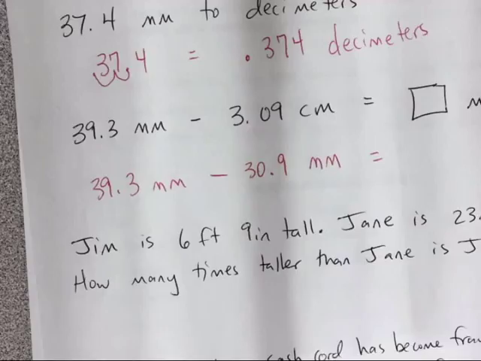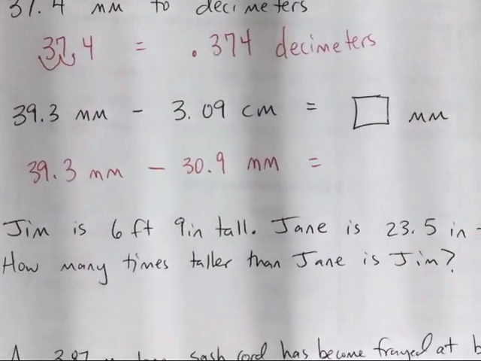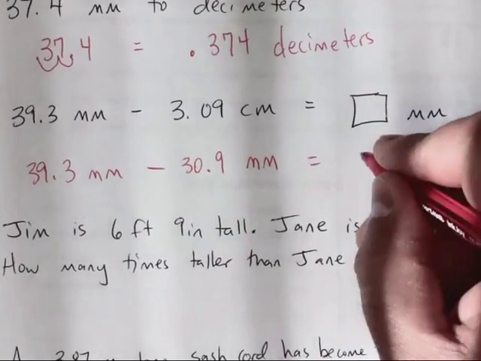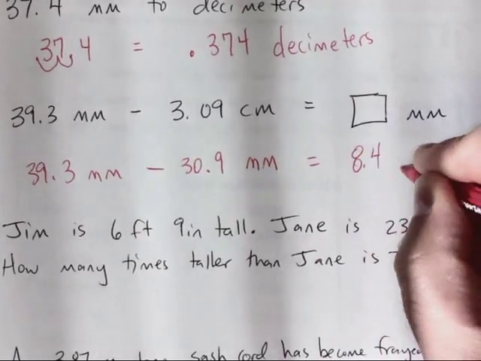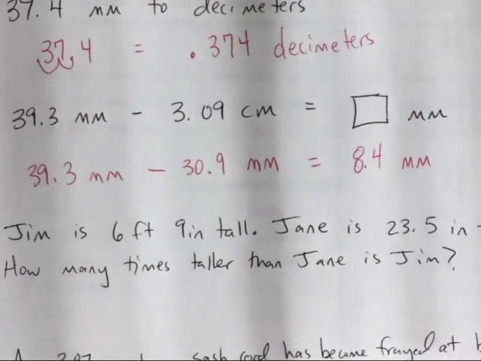You can use your calculator if you wish. So 8.4 millimeters. With those particular problems, just make sure you get all of the units the same, and make sure that they're all in the same unit that the answer should be in.